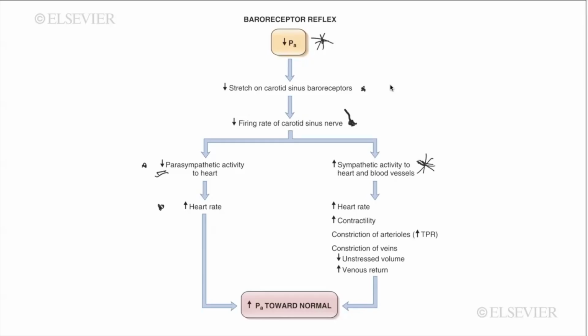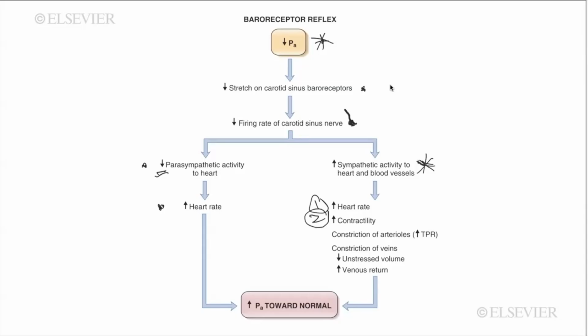And I'm actually going to put numbers on the 4 effects so you can follow. The first is an increase in heart rate, a direct effect on the SA node. Those beta-1 receptors on the SA node. The second effect is an increase in contractility, also beta-1.